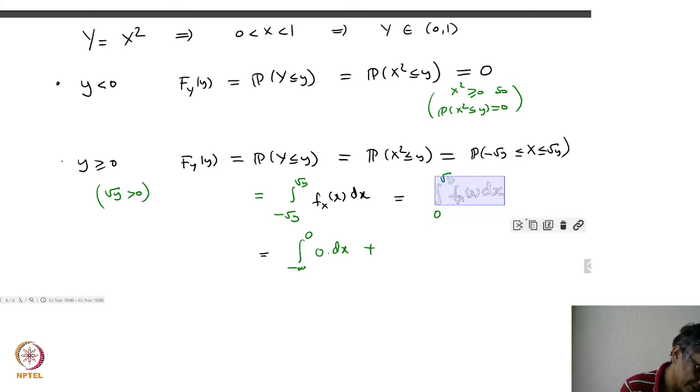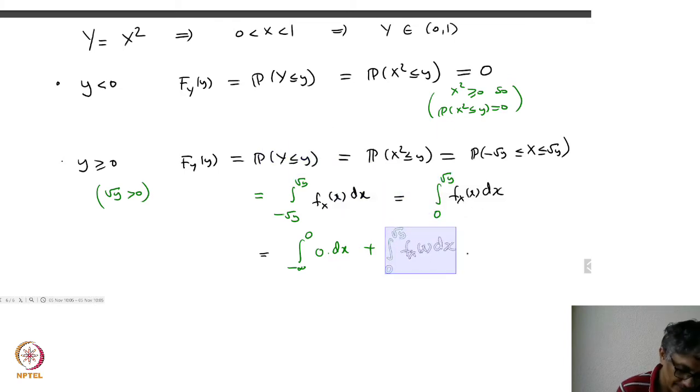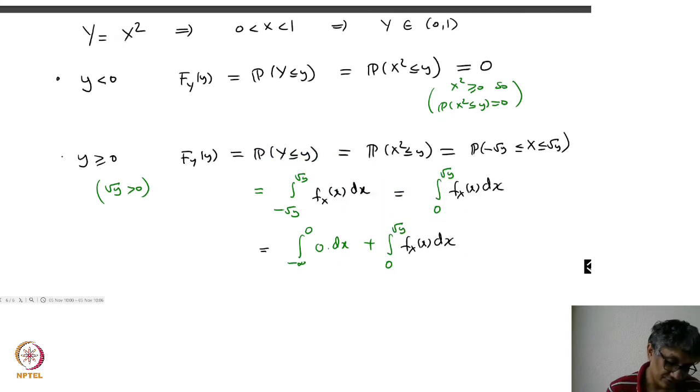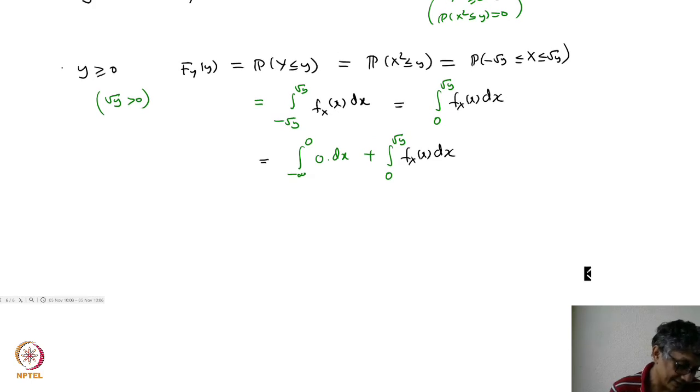Let me copy this. That's easy to do. But since my density function is the same, I can write this as the integral from minus infinity to root y. So the density function matches. It's the same as f sub X of x.